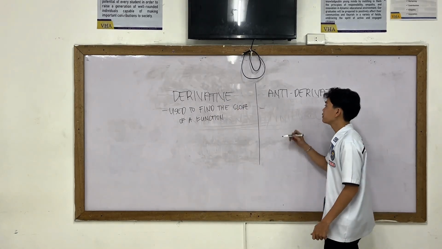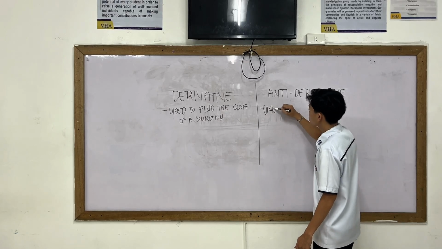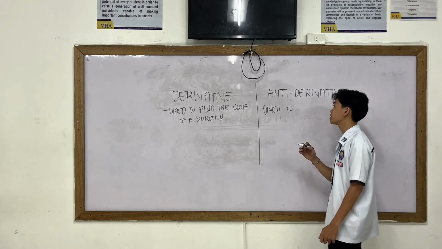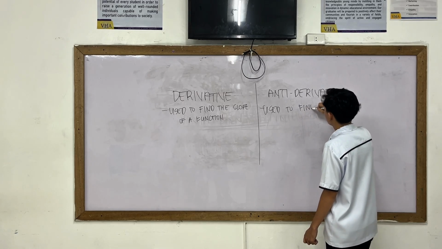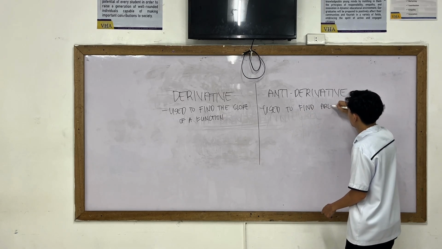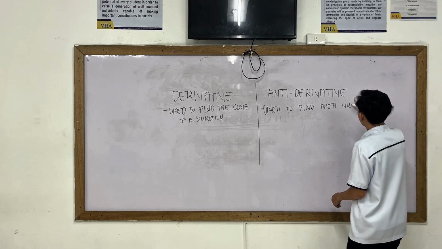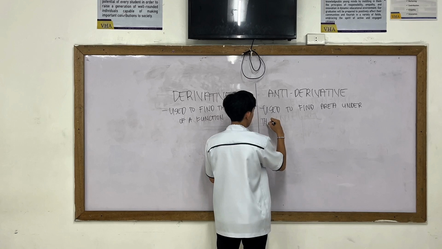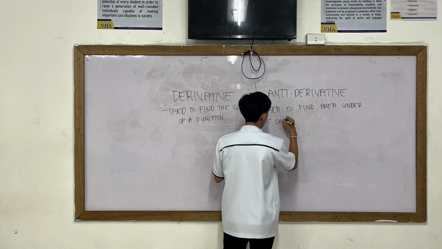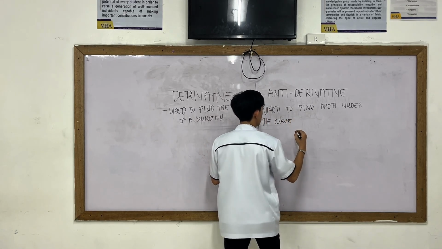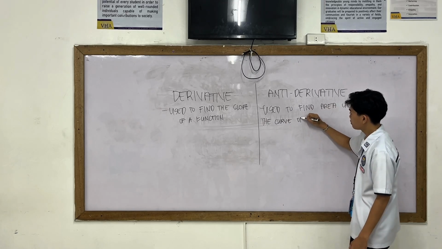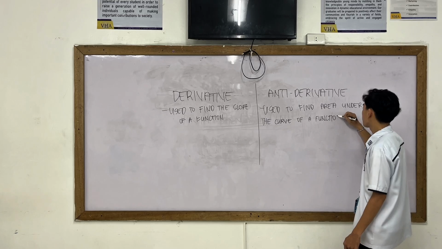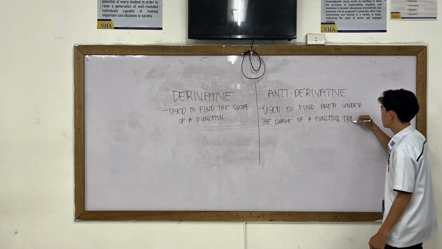The antiderivative is used to find the area under the curve of a function that is integrated.